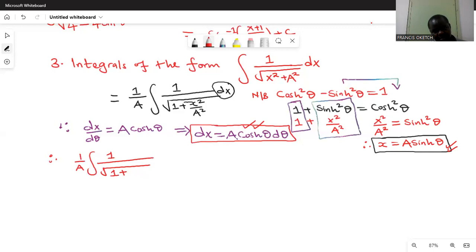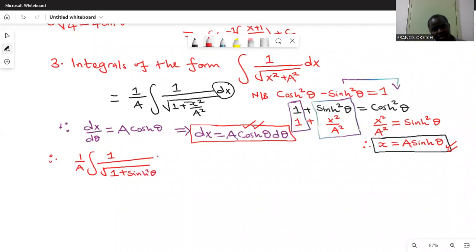Where there is x, you put a sinh theta. So that gives us sinh squared theta.